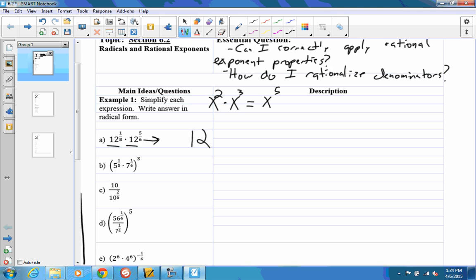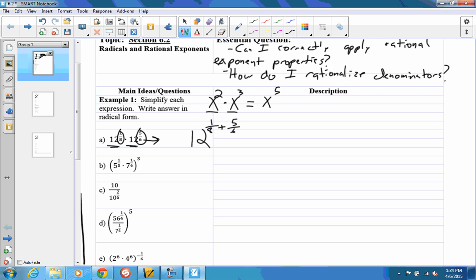So here, I've got the same base, 12 and 12. So I'm multiplying. So what do you think I'm going to do with each of these exponents? I'm going to add them. So this is 12 raised to the 1/8 plus 5/6. I'm not done, obviously. I need to actually add those. What do I need when I'm adding or subtracting fractions?